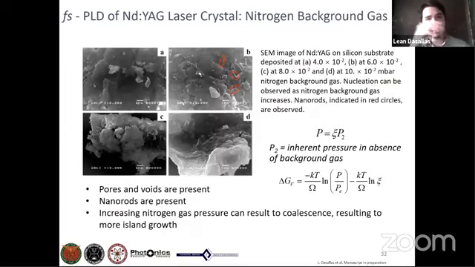We also tried to do parametric investigation using different background gases. So for example, we have a nitrogen background gas. And when we increase the nitrogen background gas pressure, the tendency for the particles is to coalesce with one another.